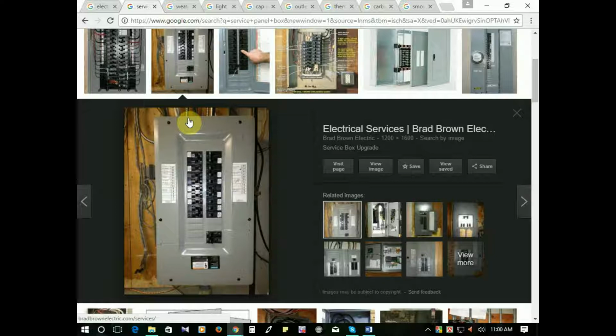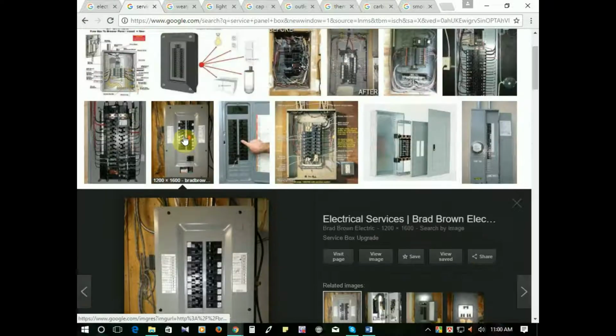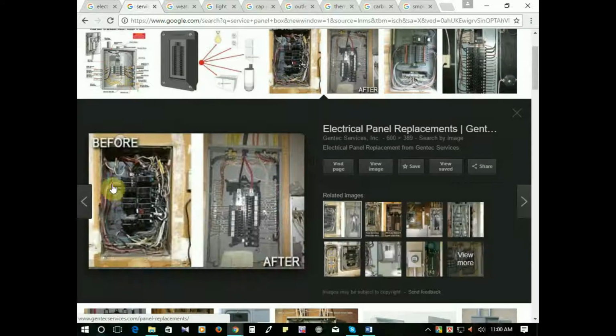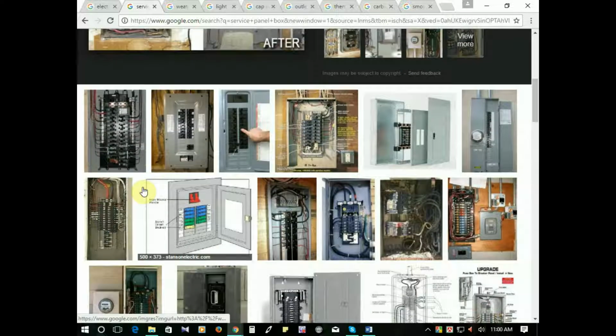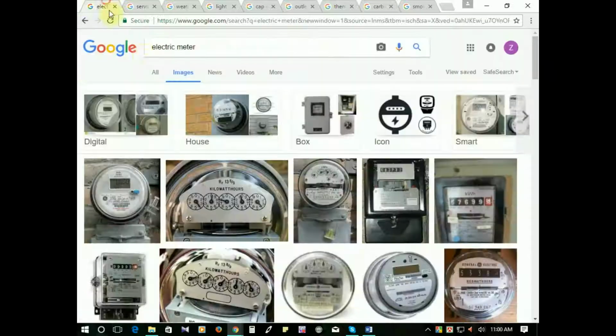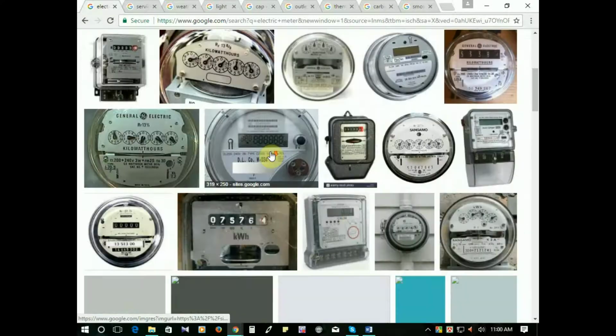It is also to be noted that we need to ensure that the properties have the following items in undamaged conditions. But before that, I would like to show you a damaged service panel box, and sometimes the electric meter can be missing.